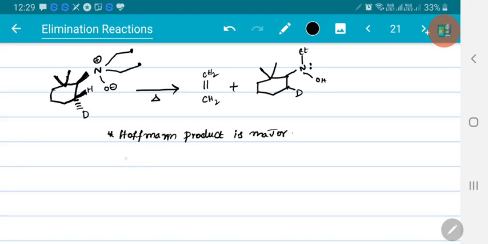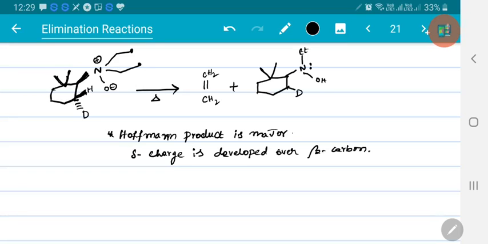A partial negative charge is developed over the beta carbon, because the reaction occurs through a transition state. That's how reactions occur.